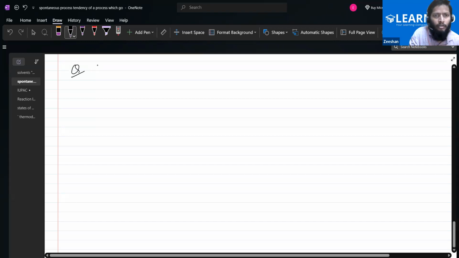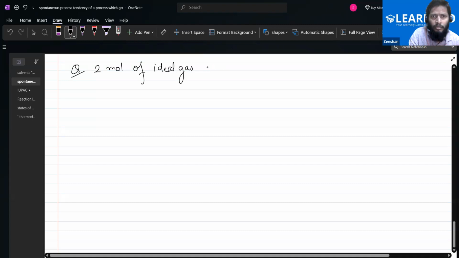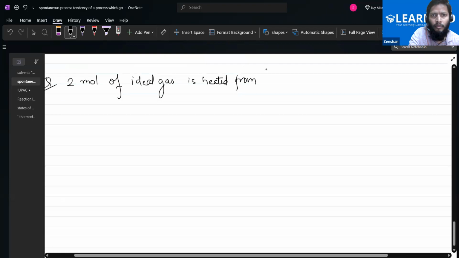Question is: 2 mole of ideal gas is heated from 300 Kelvin to 600 Kelvin.